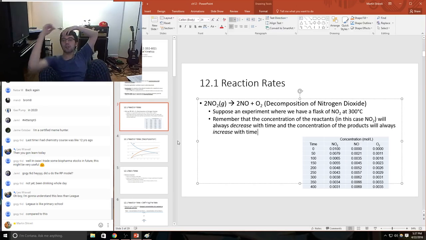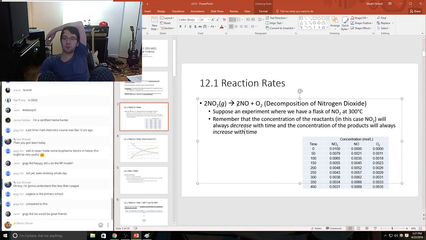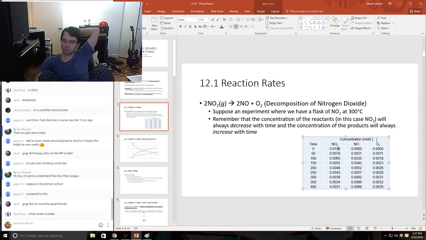And we can watch in this table what happens to the reactant. In this case, there's a single reactant. It's just nitrogen dioxide, and it's just sitting there decomposing into these two products. And you can see that if we start with 0.01 moles per liter, depending how big our flask is, it could be a liter flask or 10 liter or 1,000 liters, but that's the concentration.